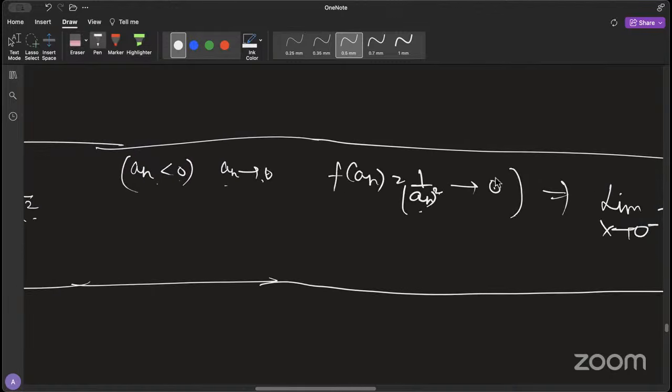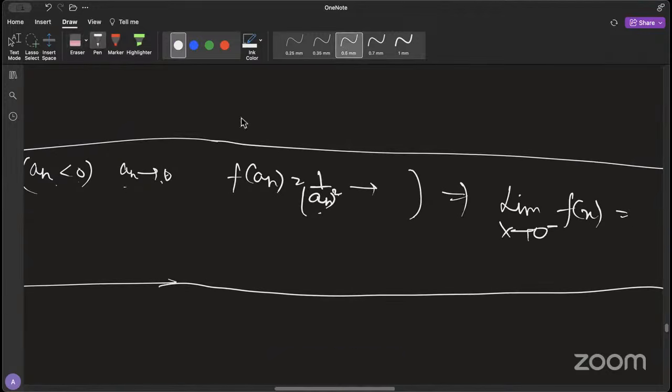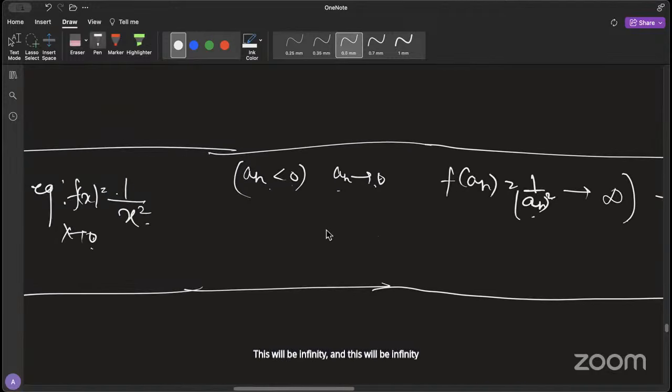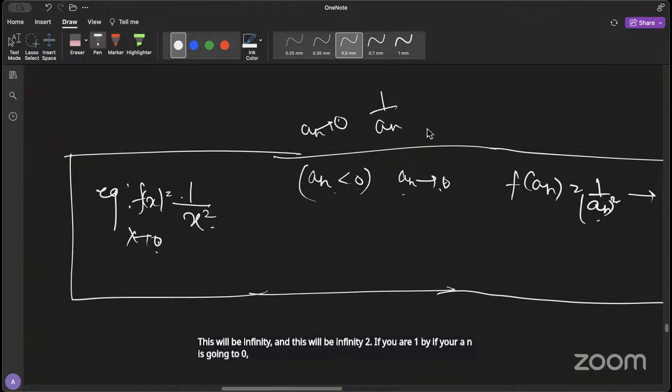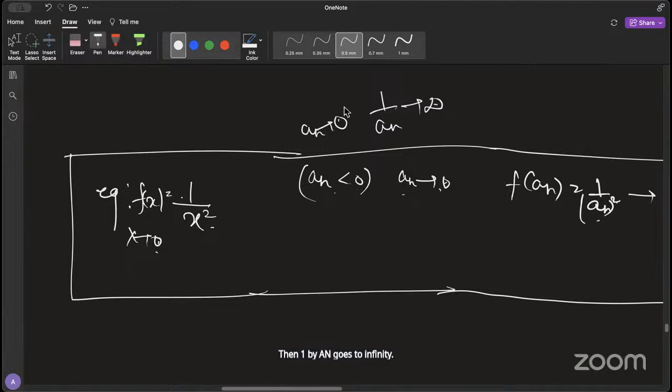One second, this will be infinity. If your a_n is going to 0, then 1 by a_n square goes to infinity.